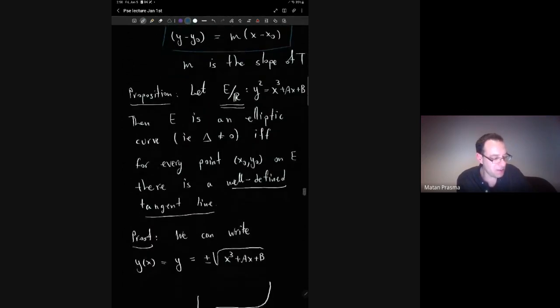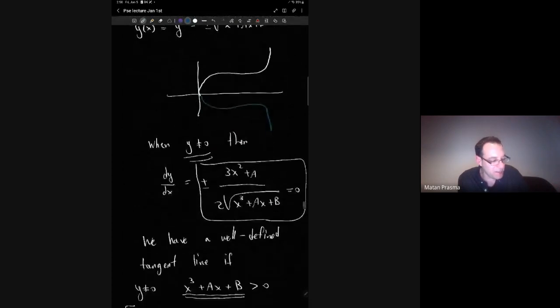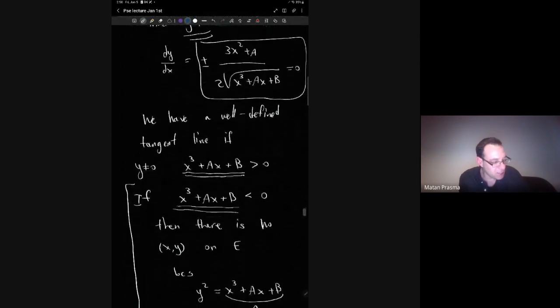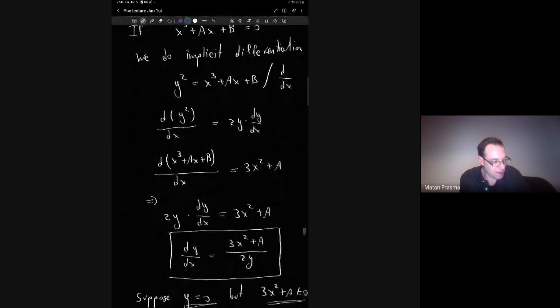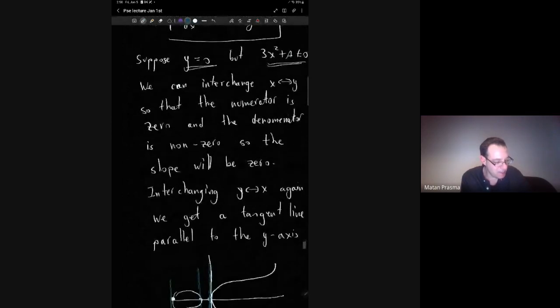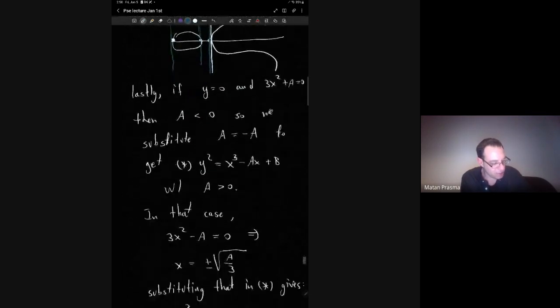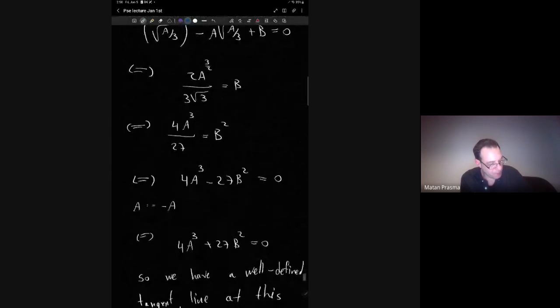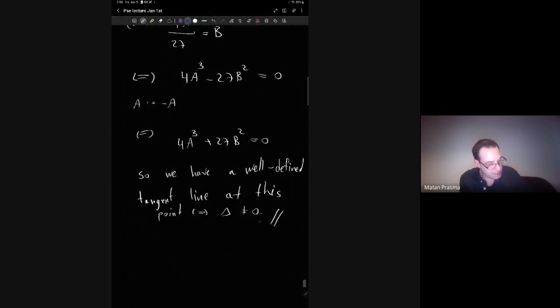So when I divide into all the cases, what I get is that I need this condition, delta being non-zero, in order to have tangent lines defined at all points.